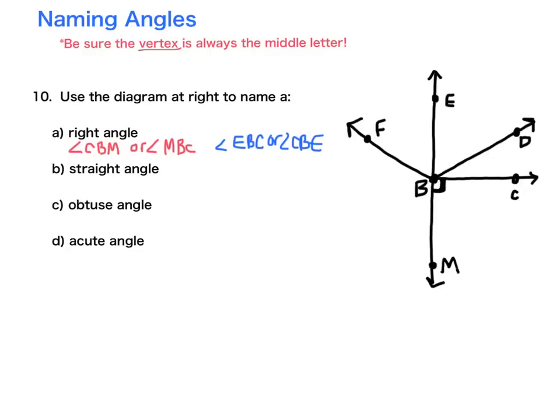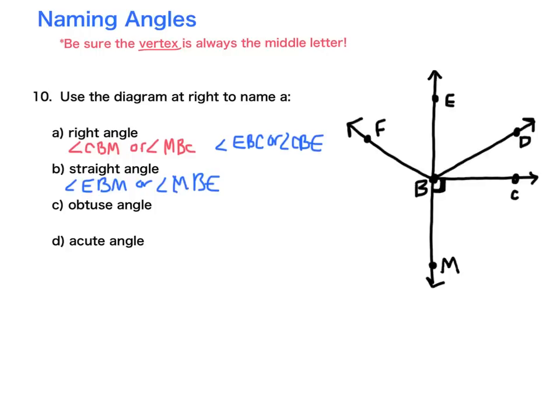Do you see any in this picture? The only one I see is this straight line right here. So I could say that's angle EBM or MBE. So go ahead and record that one. Angle EBM or MBE. And again, that's the same angle. We're just naming it a little bit differently.